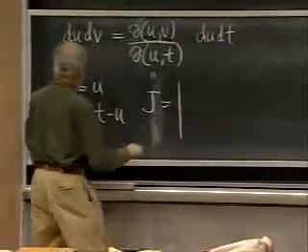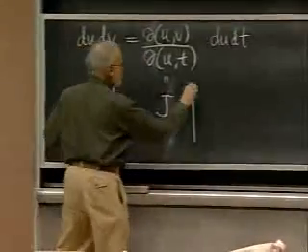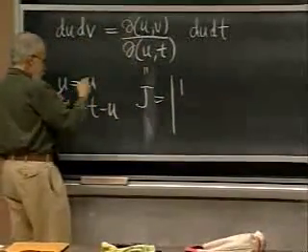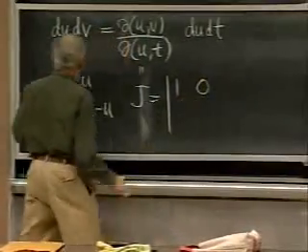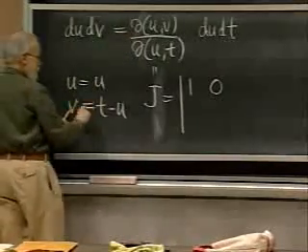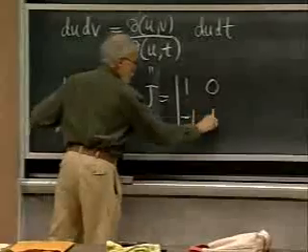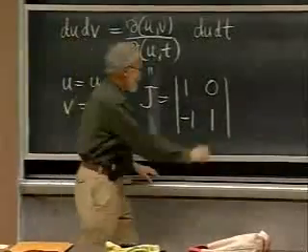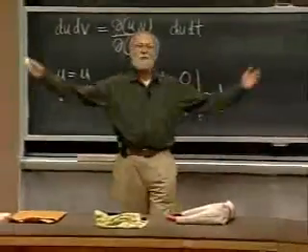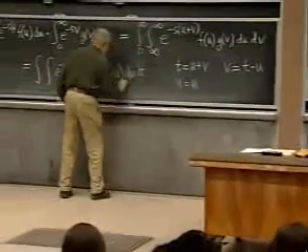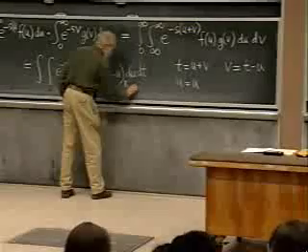So it's the determinant whose entries are the partial of u with respect to u, the partial of u with respect to t, but these are independent variables, so that's 0. The partial of v with respect to u is -1. The partial of v with respect to t is 1. So the Jacobian is 1. So if you forgot it, no harm. So the Jacobian is 1.